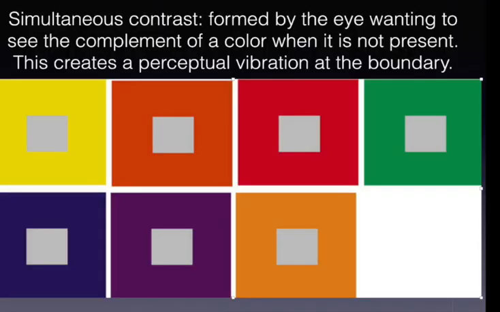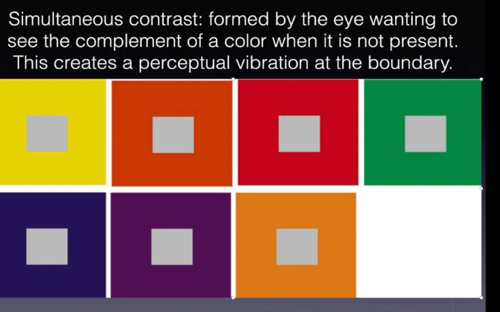So the last one that we're going to talk about today, and probably the most complicated in some ways, is simultaneous contrast, which is formed by the eye wanting to see the complement of a color when it's not present. So it kind of creates a perceptual tension or vibration at the boundary line between those colors.